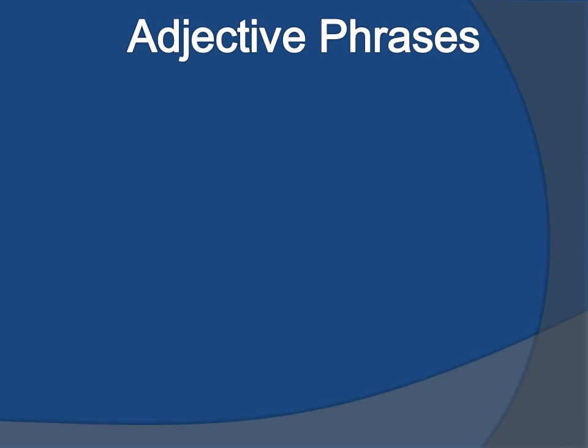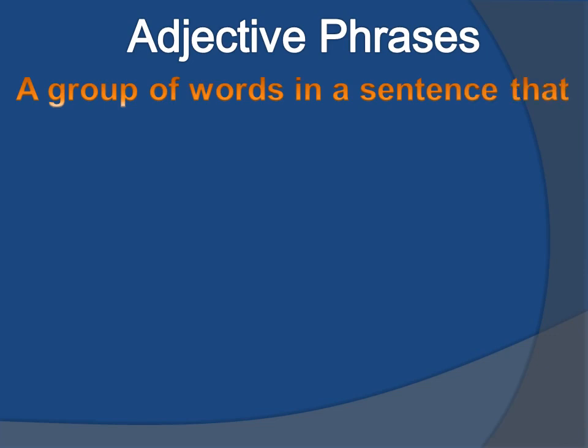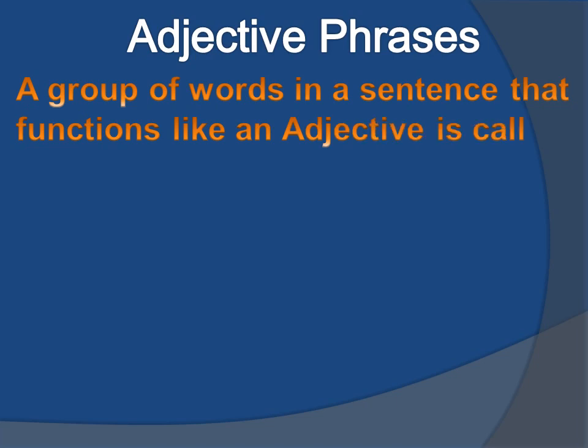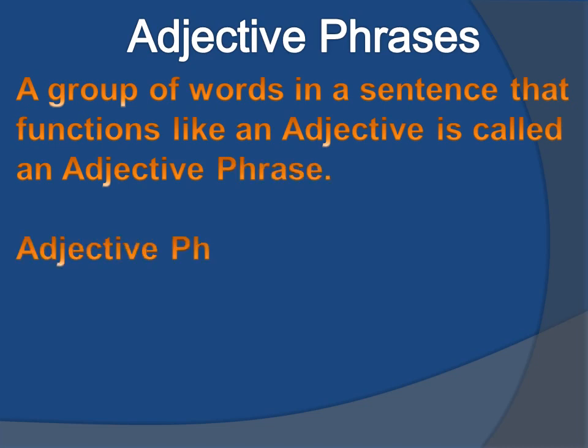Adjective phrases. Now, what are adjective phrases? A group of words in a sentence that functions like an adjective is called as adjective phrase. Adjective phrase modifies noun. Now let's take an example.